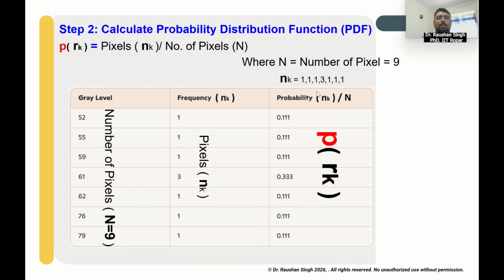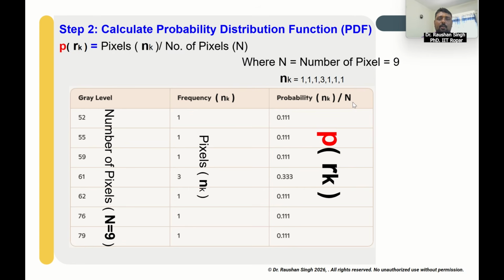Probability is the pixel count over the complete pixel count, so nk divided by n. Here n is the total number of pixels: 1, 2, 3, 4, 5, 6, 7, 8 and 9. So there are 9 pixels in total.